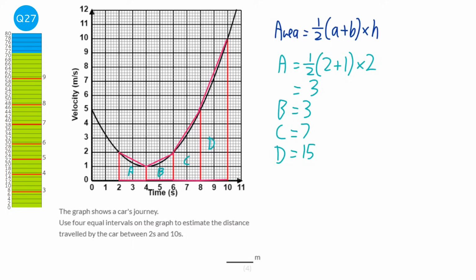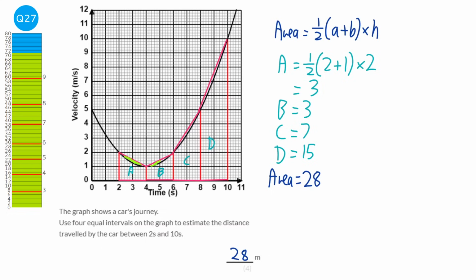So that's a bit of a quicker way of doing it than having to type it into a calculator each time. Then to find the total area, it's just going to be all of those added together, which will be 28.